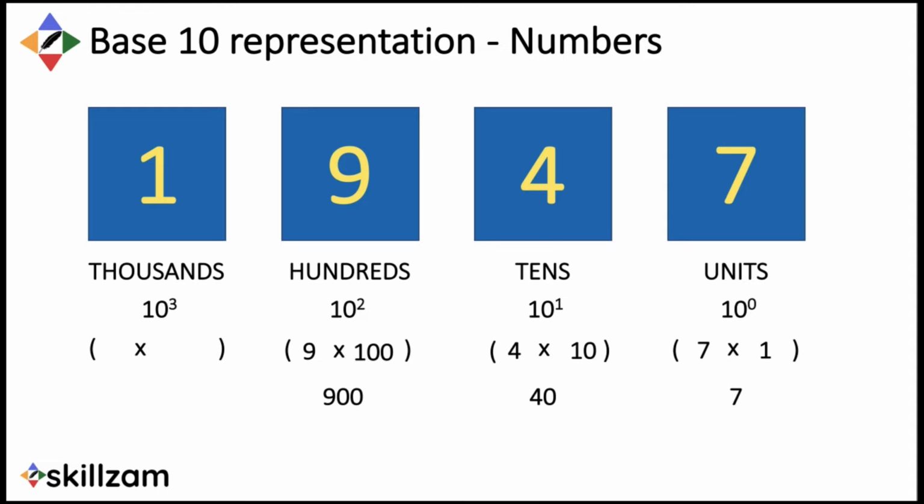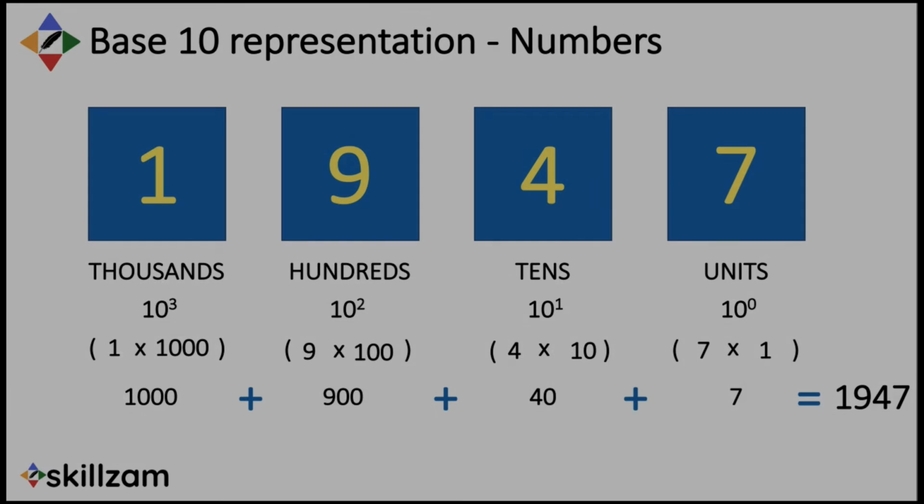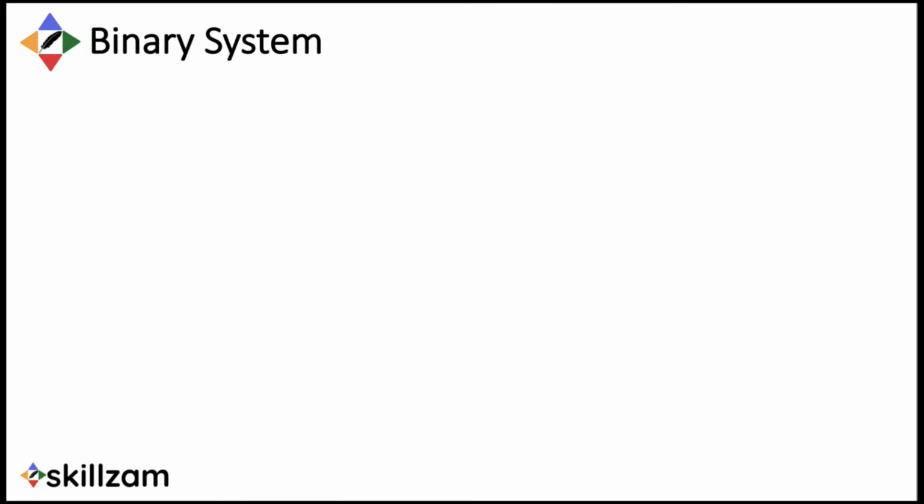Finally, 1 multiplied by 10 to the power 3, which is 1000, gives a value of 1000. Summing all the values will amount to the same decimal number of 1947.